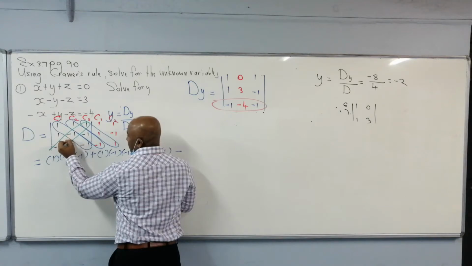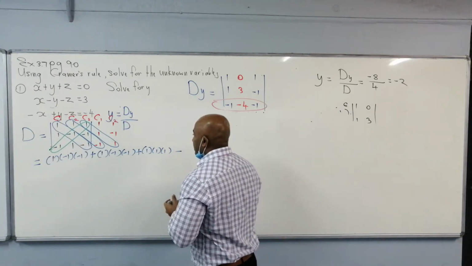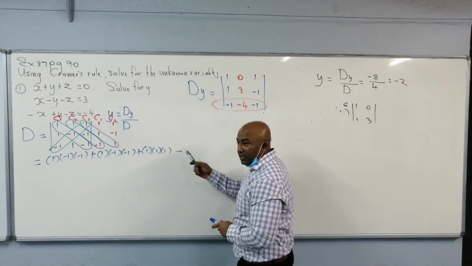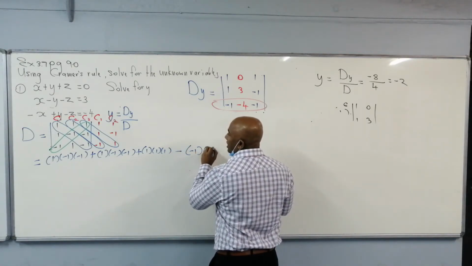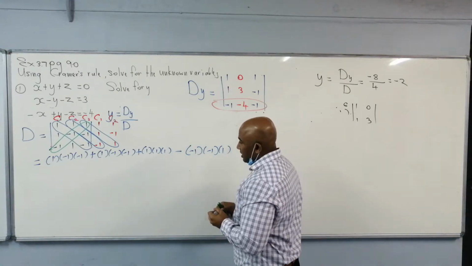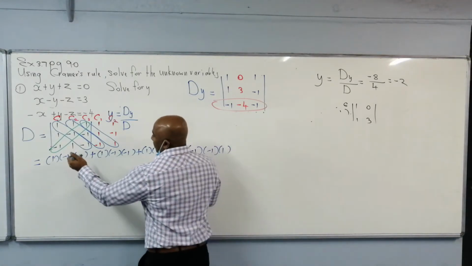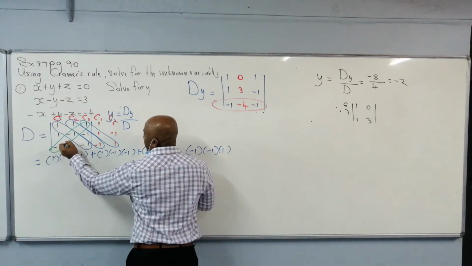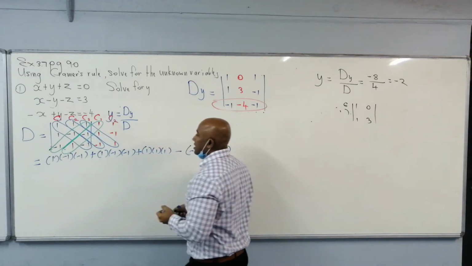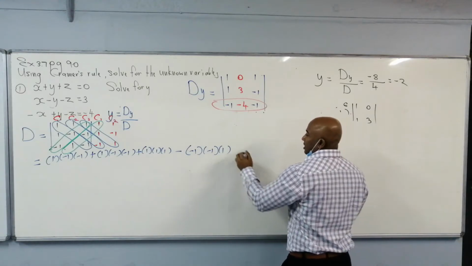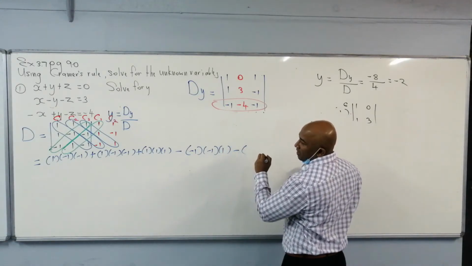But this time, you must put a minus sign. So it's a minus, and then minus 1 times minus 1 times 1. What's the next one? You go up there, and you put a minus again and multiply.